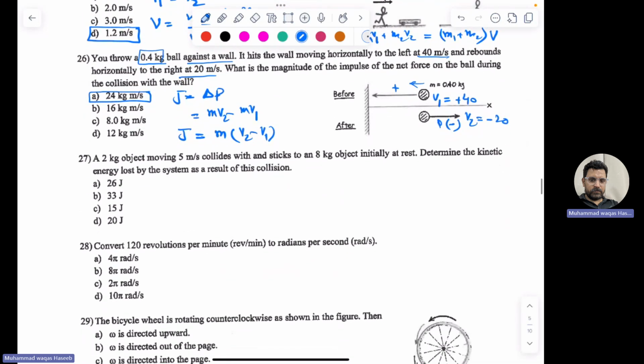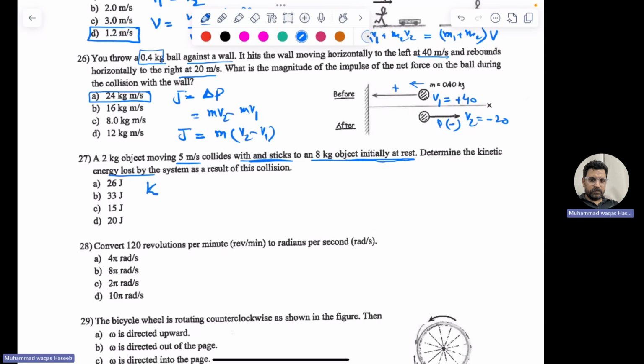Next, a 2 kilogram object moving at 5 meters per second sticks to an 8 kilogram object initially at rest. Determine the kinetic energy lost.